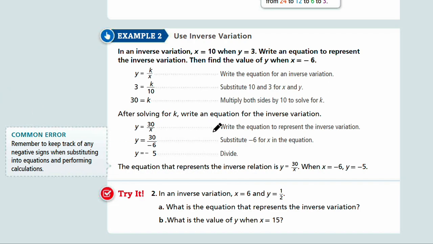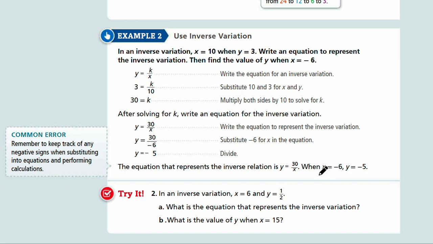Now, using this equation, you can figure out any values of y or x when the other value is known. So when x is equal to -6, you can just plug it into this equation. For x is equal to -6, 30 divided by -6 is -5, so y is equal to -5. So when x is equal to -6, y is equal to -5, using the equation y equals 30 over x.